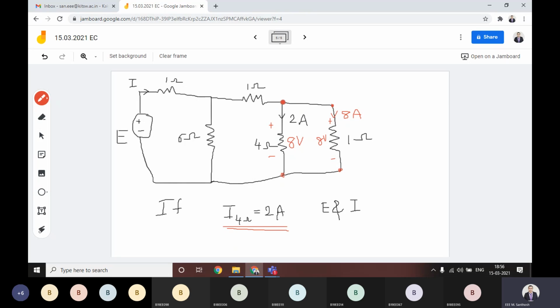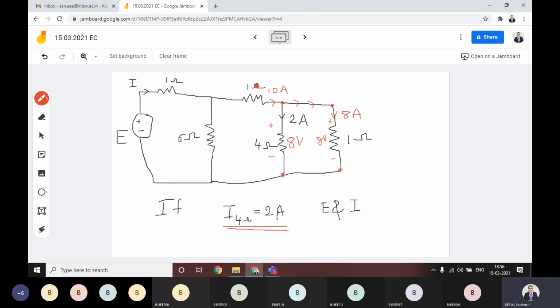Then you can see at this node two currents are dividing. This current is going this way and it is equal to 8 amperes, and this one is 2 amperes. What is the current flowing in this branch? 10. Obviously 2 plus 8 amperes gives you 10 amperes.